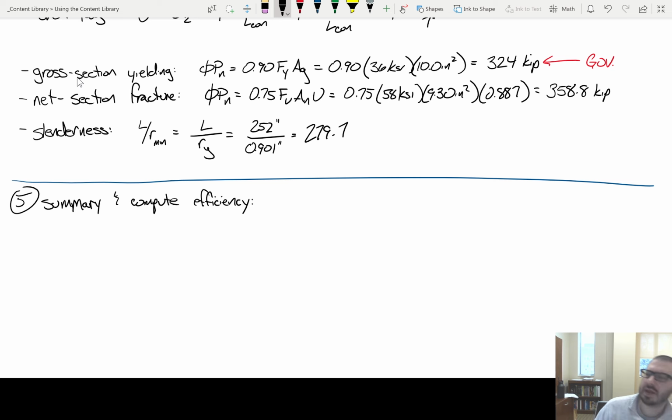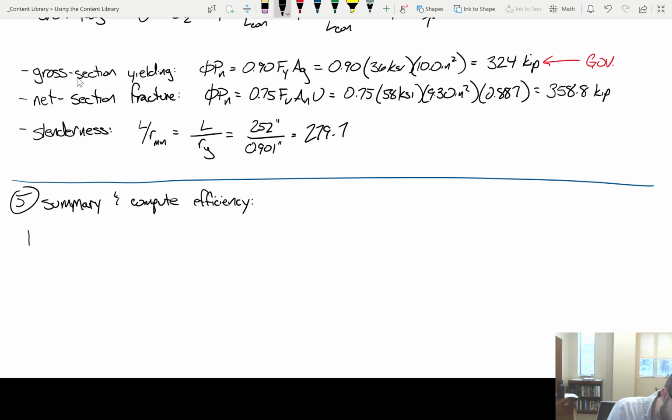This is something I want you all to start to get in the habit of, because we're going to have problems later on where we do a lot of iteration. For example, columns, we do a lot of iteration to find the best choice. And there are some instances in beams where we do a lot of iteration on selecting the most economical member. And so I like at the end of the day to put a summary of how things are going with this problem. What do I mean by that?